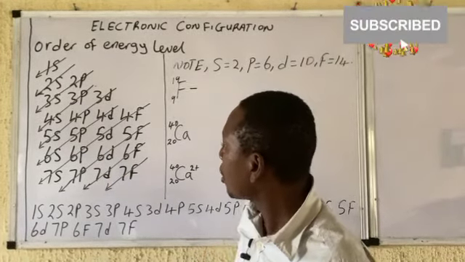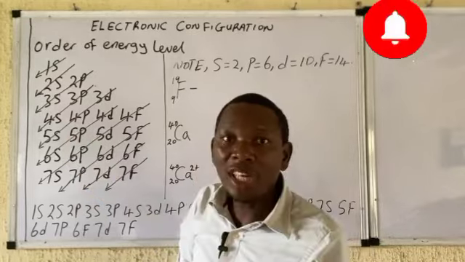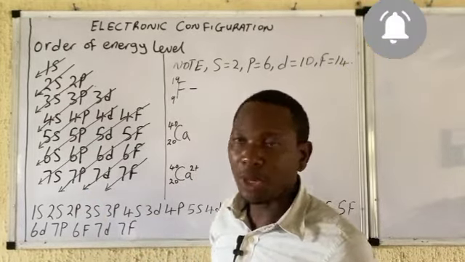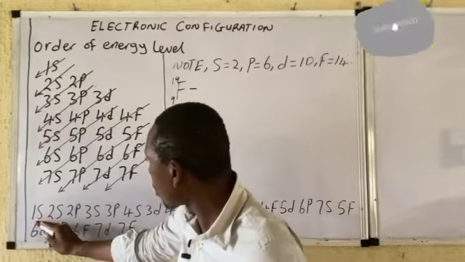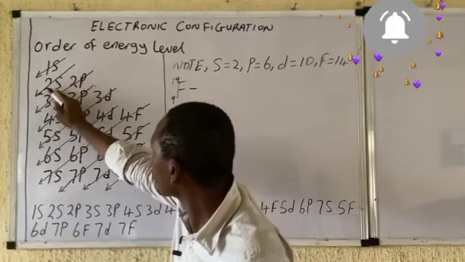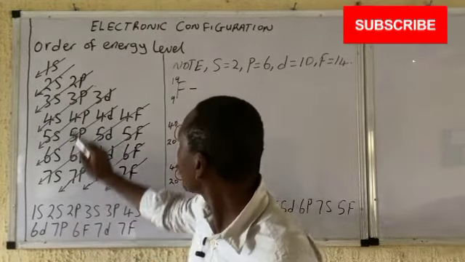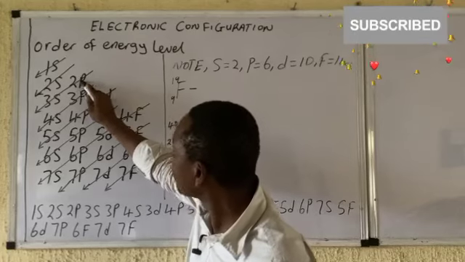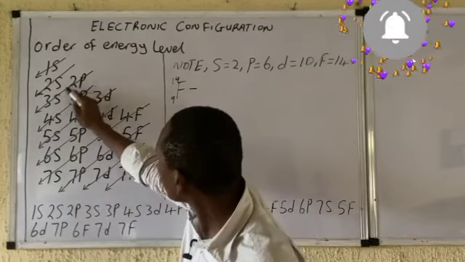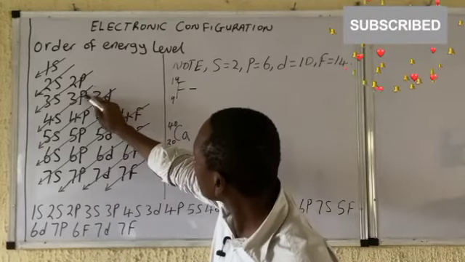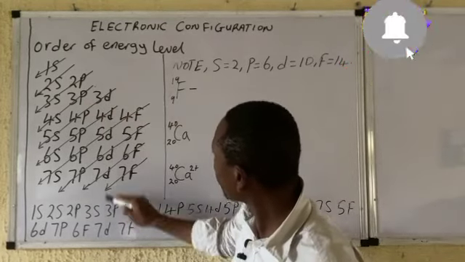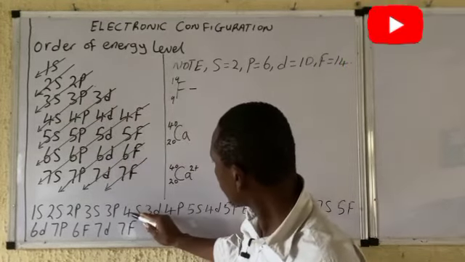Now after that, this will give you the order in which you arrange your answers. So 1s comes first. You put the 1s here, followed by 2s, followed by 2p. After 2p, what is the next? 3s. After that, 3p, then 4s.